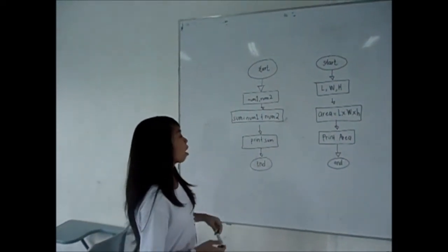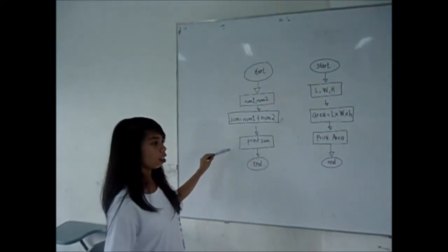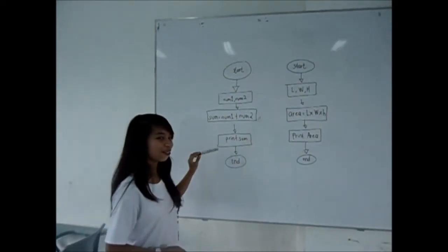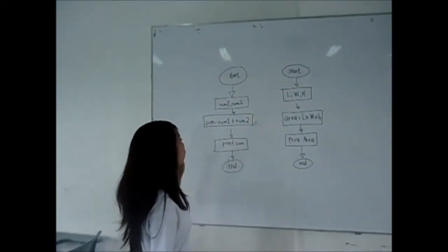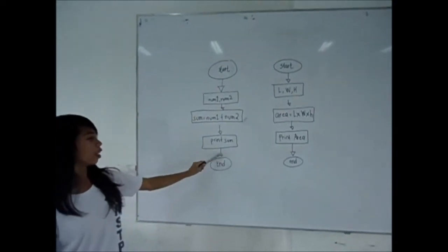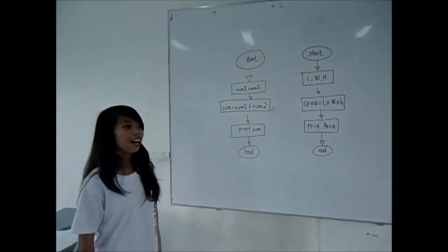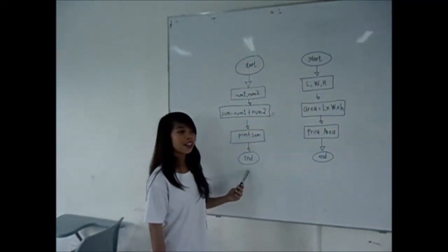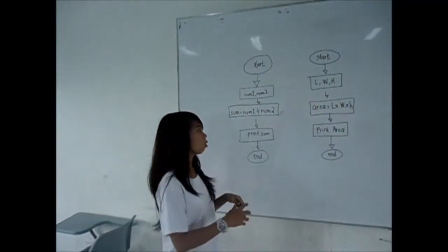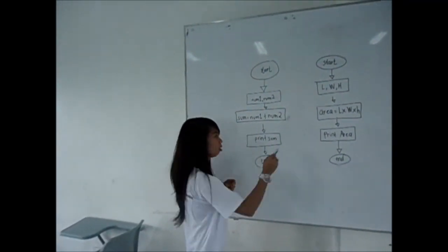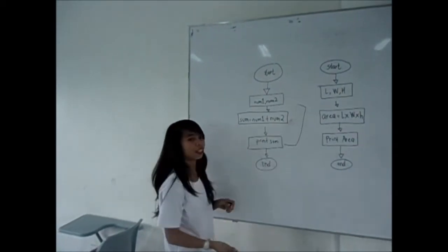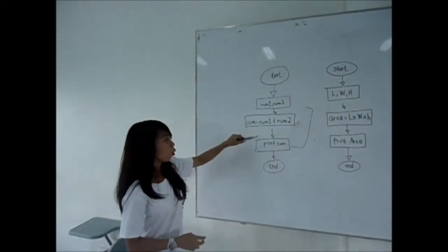After the process, the program will print the sum and end. As you may see again in my flowchart, there's no looping statement. It is only a straight flow.